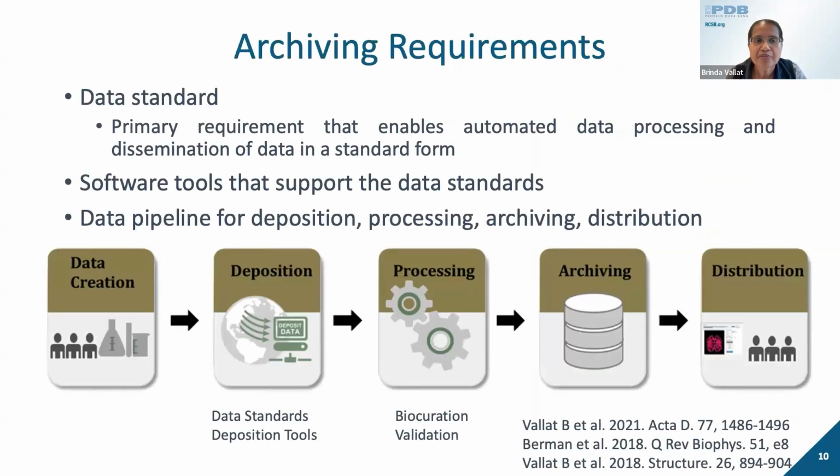So what are the requirements for archiving integrative structures? The first requirement is the creation of data standards. Data standards are the primary requirement for archiving and enable automated data processing as well as dissemination of data in a standard form.